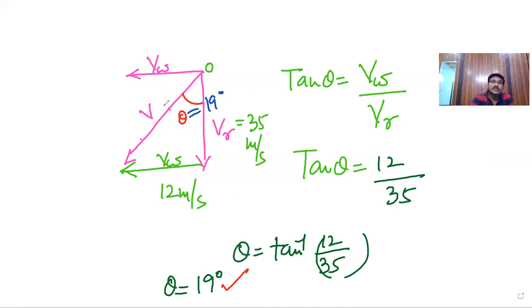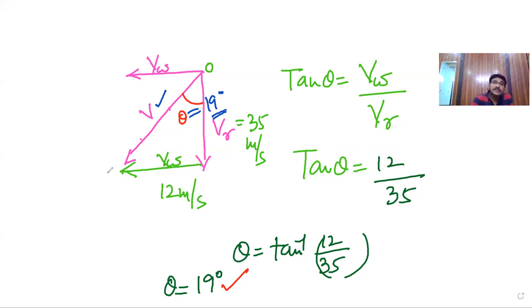Be careful. This is the resultant, this is wind, this is vertical rain. Because of the combination of wind and rain, it is blowing like this. The resultant velocity is acting at an angle theta with respect to the vertical.